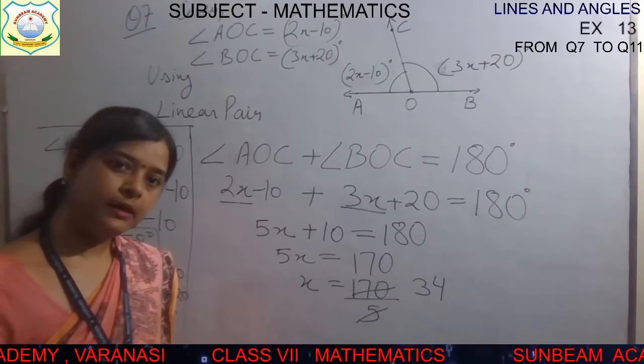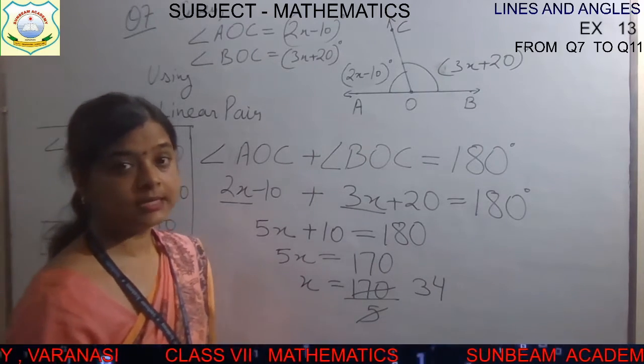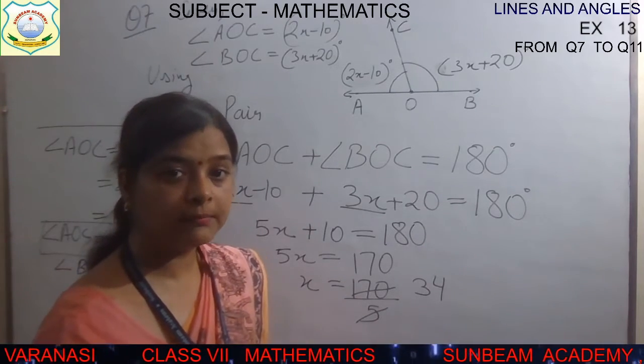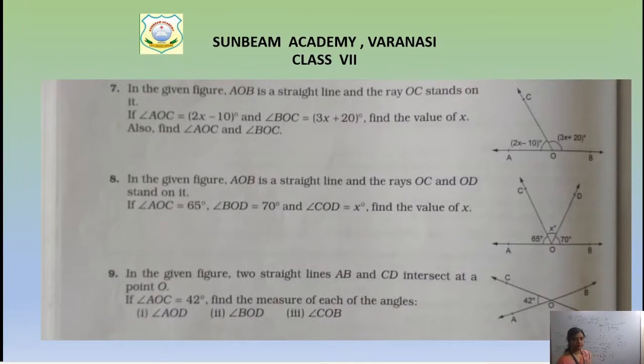So in this way, try to solve these types of questions. Now let's see the next question. We will solve question number 9, after 7. Now if you see the 8th question also, children, it is not a linear pair, but it is angles on a straight line, because there are 3 angles on a straight line. So you will not write the reason of linear pair.